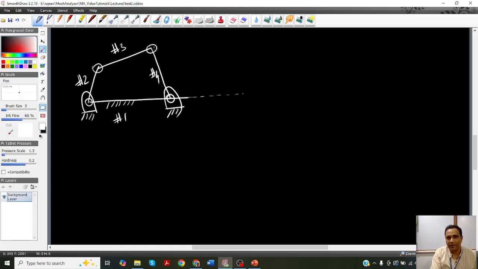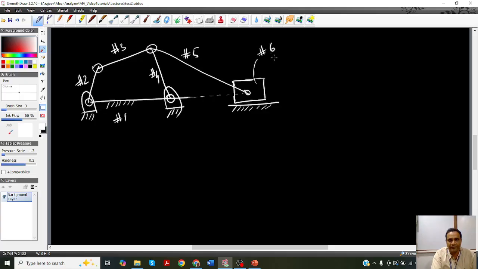Now I'll also have another link in this manner and connect it with a slider. And that slider, let's say it can translate like this. Now number 4 is done. So this will become number 5, this link, and the slider will become number 6.